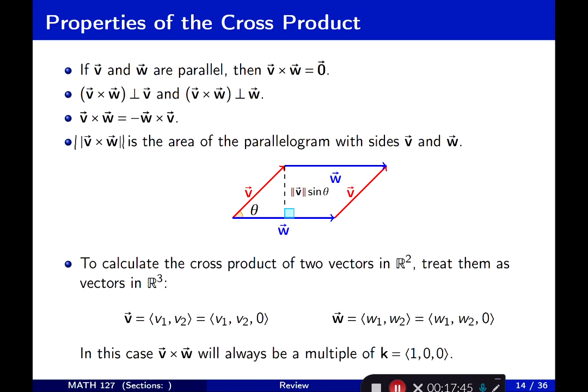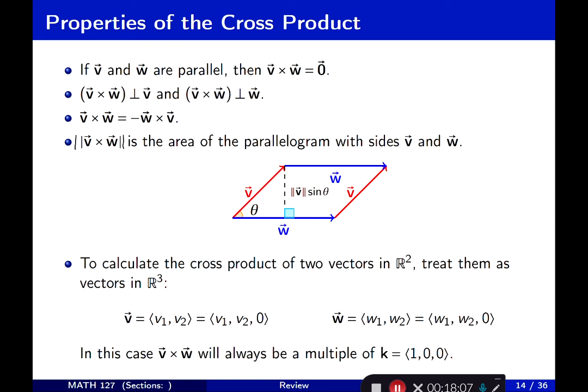If you want to calculate the cross product of two vectors in R2, for the purpose of finding an area of the parallelogram, you can actually imagine that R2 is a subset of R3.